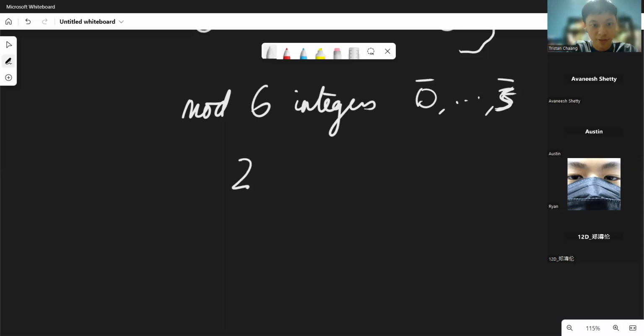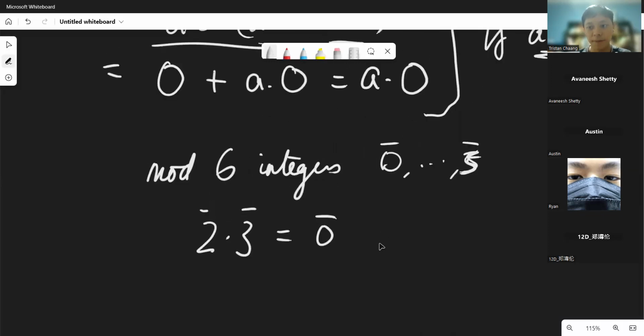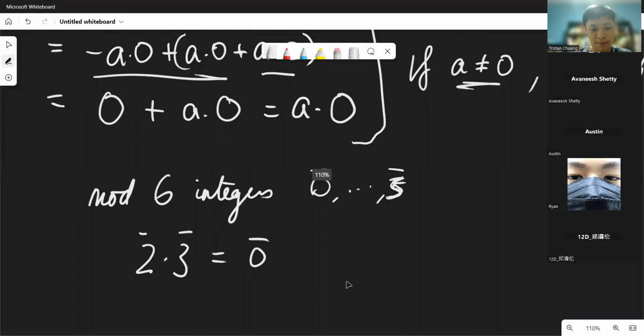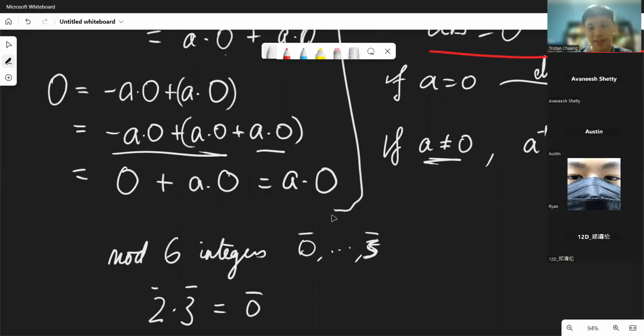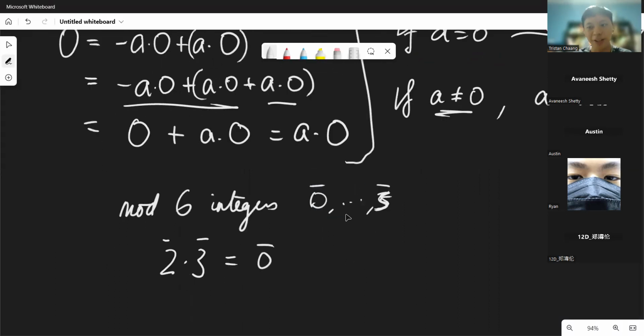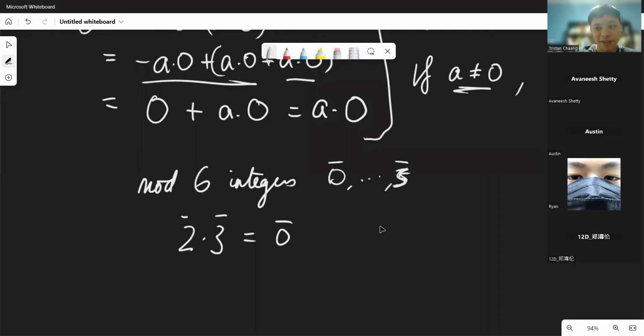Right? 2 times 3. 2 and 3 are not 0 in this set, but they multiply to 0. So the mod 6 integers don't form a field. That's a quick way to prove that it's not a field. There are also other ways to prove that it's not a field. For example, not every single non-zero element has a multiplicative inverse.